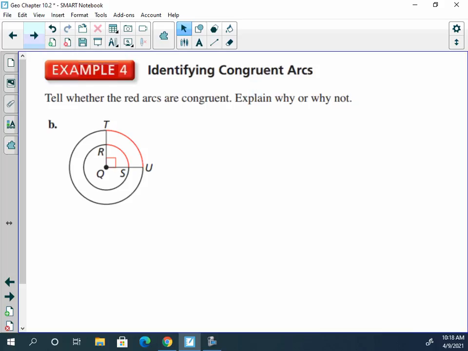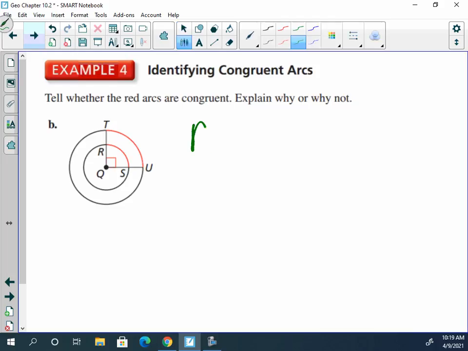Are these two red arcs congruent? Yes. Because are the inscribed angles congruent? They're both 90 degrees, yes? Are the circles congruent? They're not. One is bigger than the other, yes? They do share the same center. If they share the same center, they are concentric circles, or one's bigger than the other. So are the red arcs congruent?